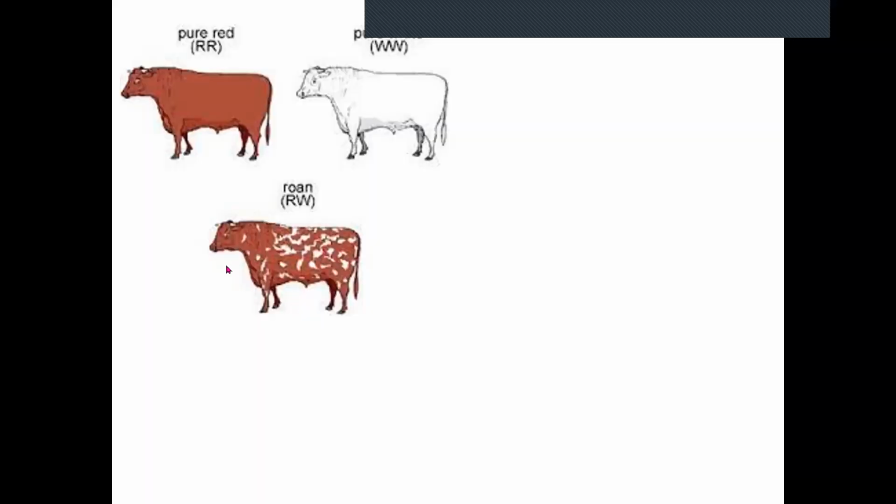With cattle, you can have red cattle or white cattle, pure, big R, big R, big W, big W. And when it's splotched like this, I don't have another word, it's called roan. It's a red, but with white, called roan.